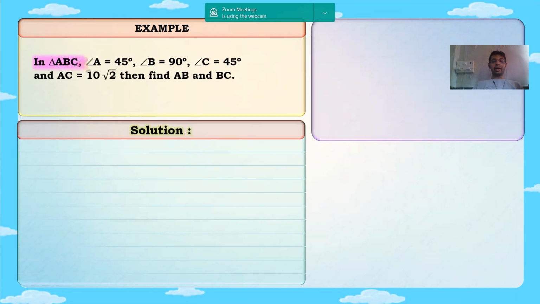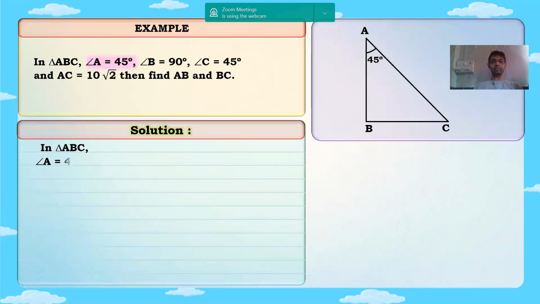They are saying that in triangle ABC, so I'll take a triangle. In triangle ABC, angle A is 45 degree, angle B is 90 degree, and angle C is 45 degree. Okay, this is what is given. The length of AC is given as 10√2. They want us to find the length of AB and the length of BC. Now after seeing the diagram everyone must have understood that it is nothing but a 45, 45, 90 type of triangle.